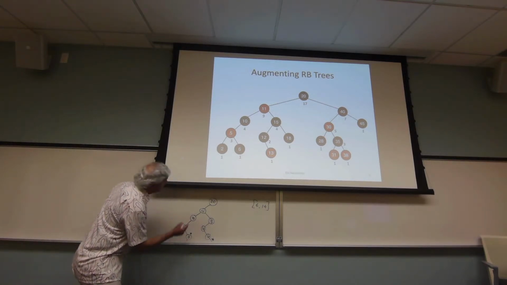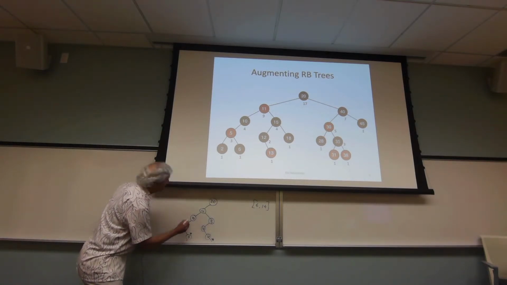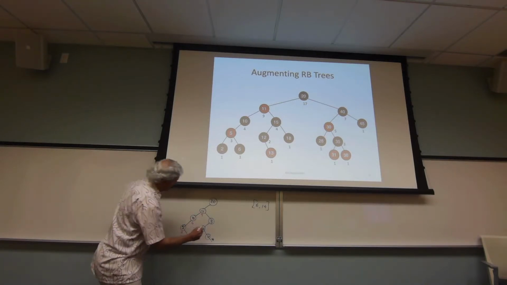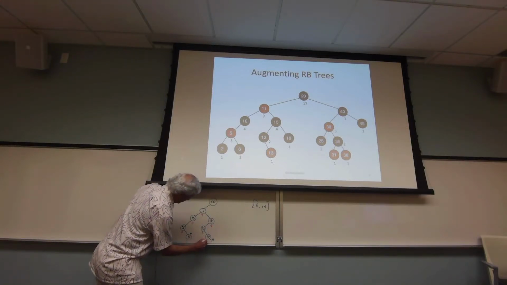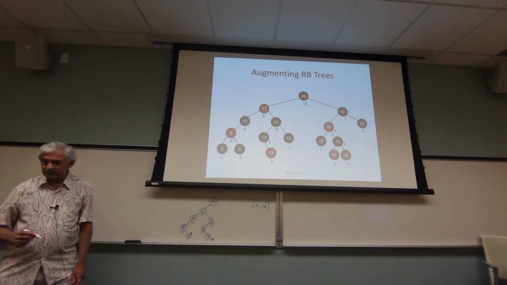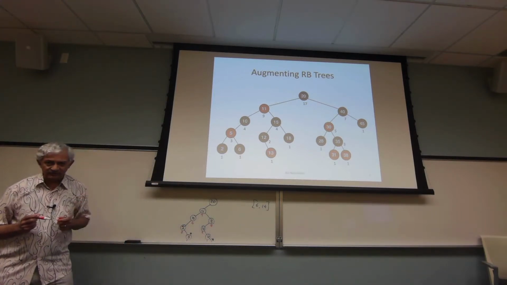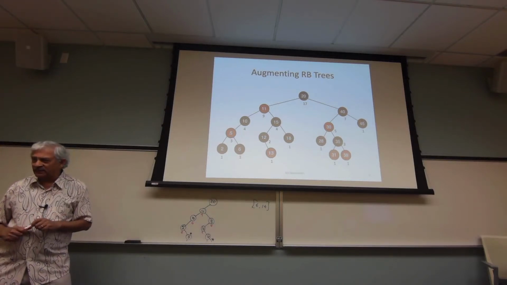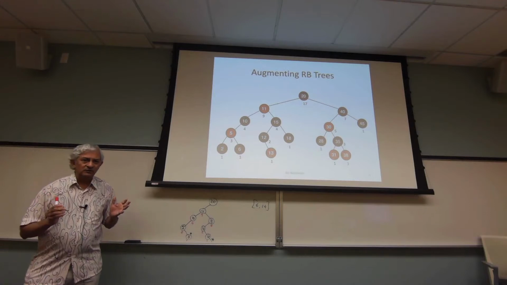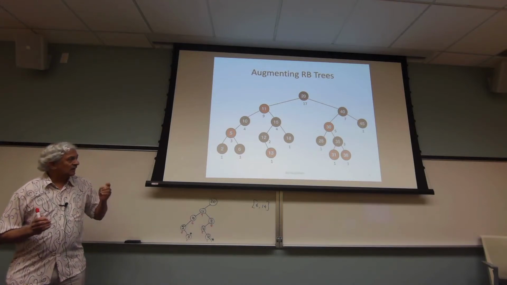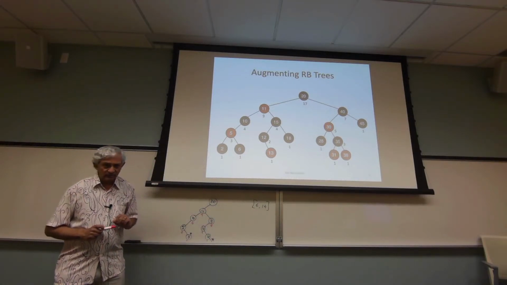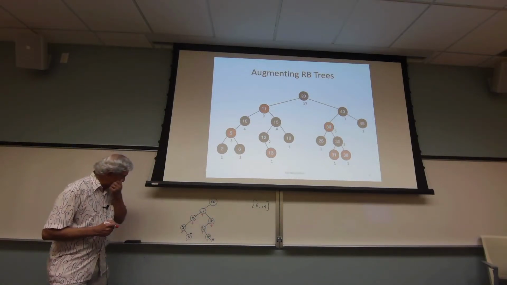Remember, we had 1 here, 5 had 3, 10 had 4, 11 had 9, 15 had 4, 12 had 2, and 13 had 1. That's what we had for the size information. It turns out that by selectively adding the right things, I can figure out how many items are in the range 6 through 14 in this tree. And let's see how that's done.